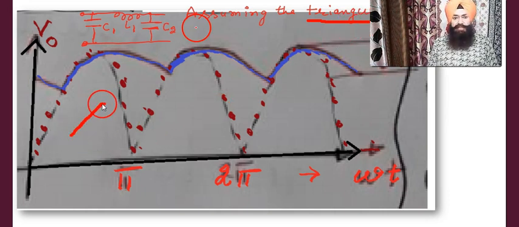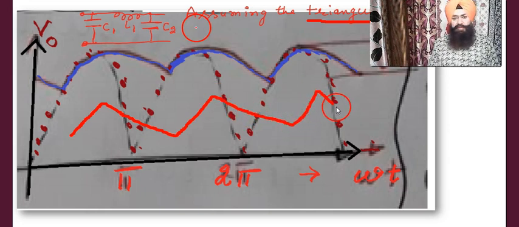Triangular is like this. This is our approximation because the output is not exactly triangular, but for convenience we are assuming the ripples are triangular in shape.